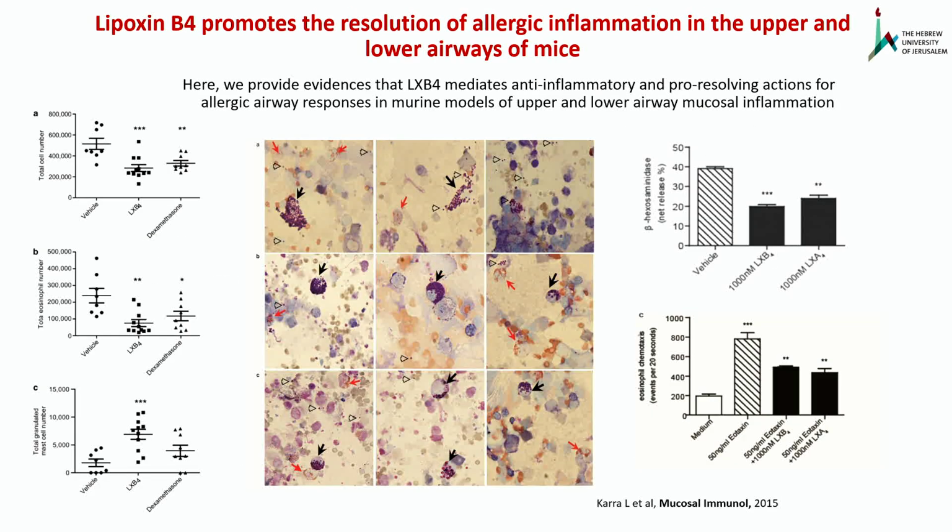Last but not least, we also showed together that lipoxin B4 promoted the resolution of airway inflammation in the upper and lower airways of mice, comparable, if not better, to dexamethasone.